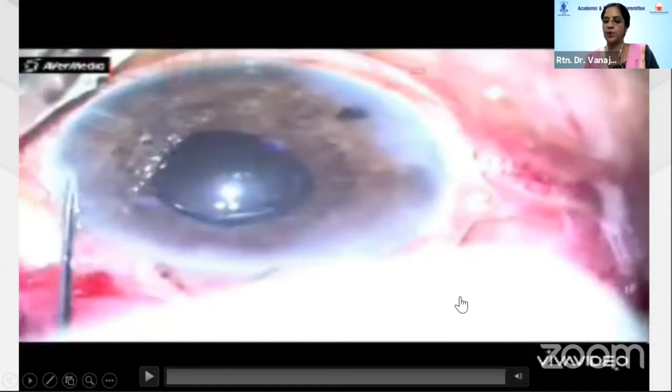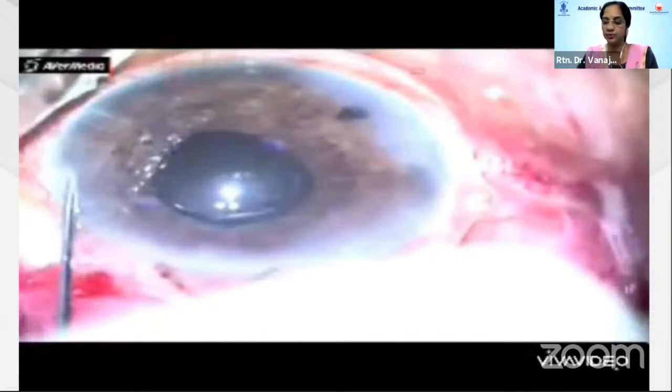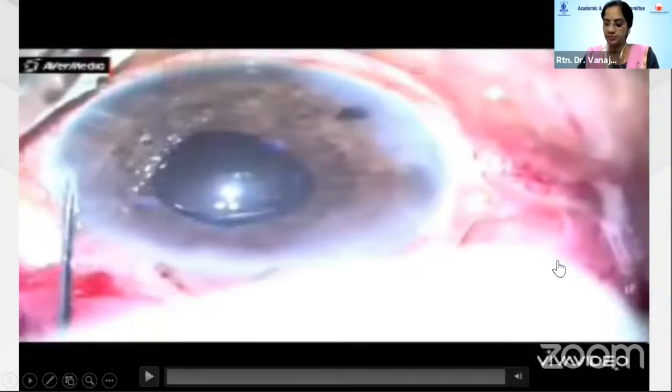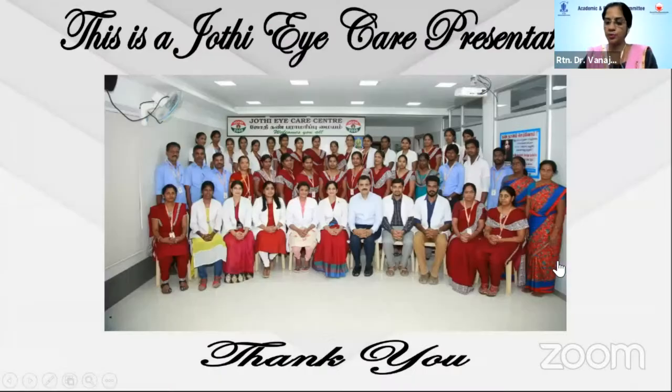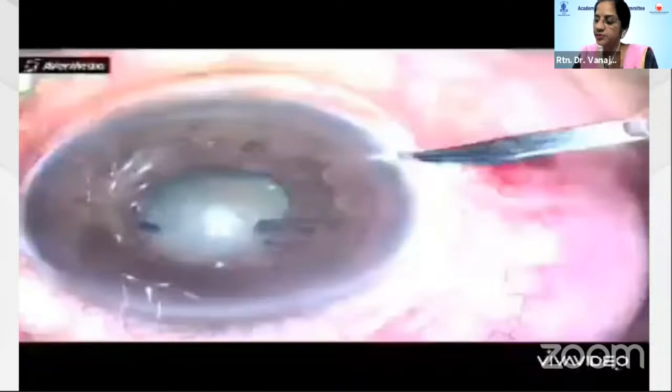The points I would like to put forward are: the horizontal chop, which is very useful in not disturbing a bag that is already compromised. In iris plane phaco, we have to keep filling in with dispersive visco so that we don't damage the corneal endothelium.